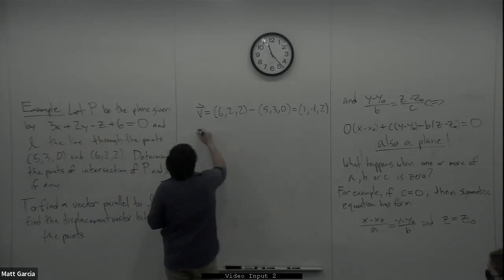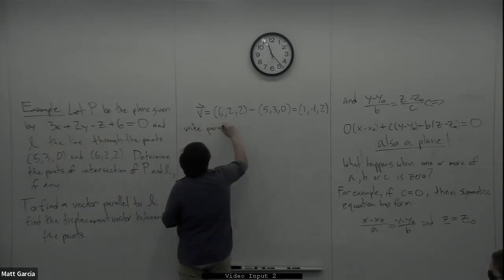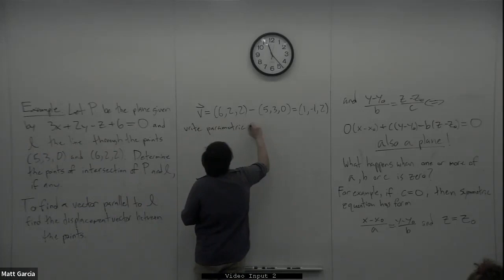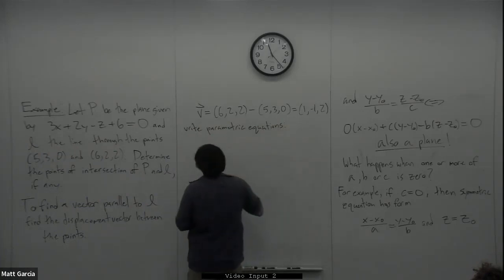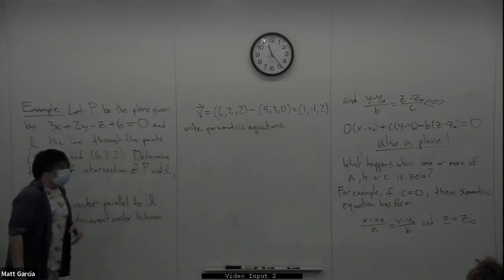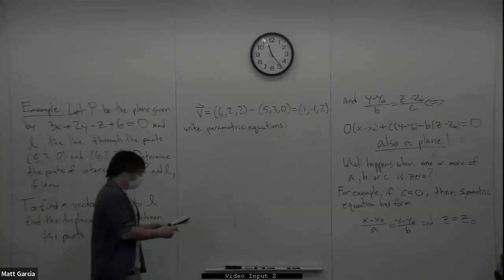we'll just write down parametric equations. Okay, so I have a vector parallel. What else do I need for a parametric equation? A point. Yeah, and I'm given 2 points. It's immaterial which one I choose. I'm going to choose this one because it has a 0 in it. Makes things drop out.